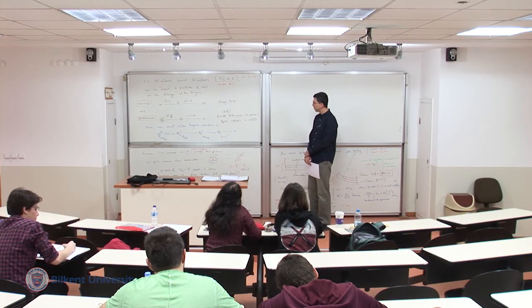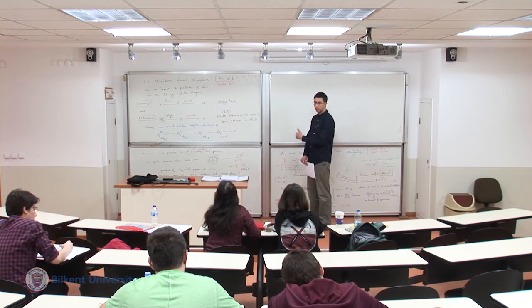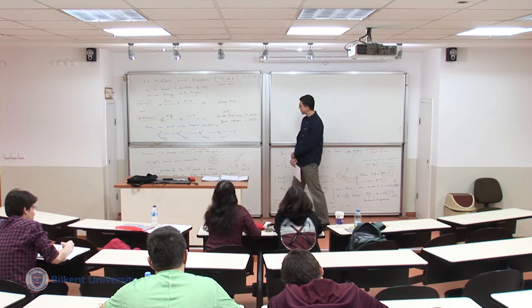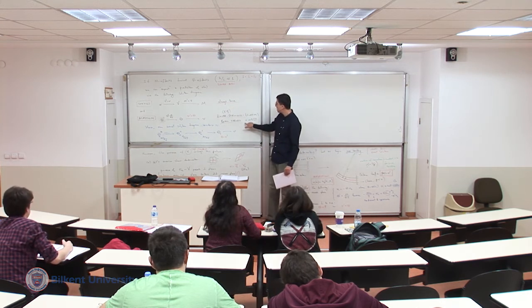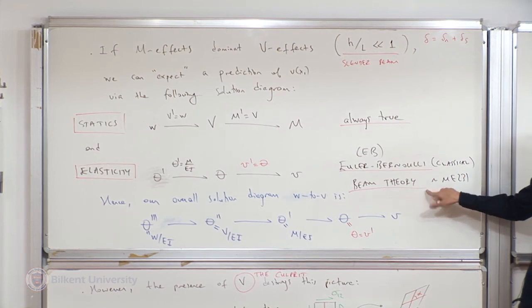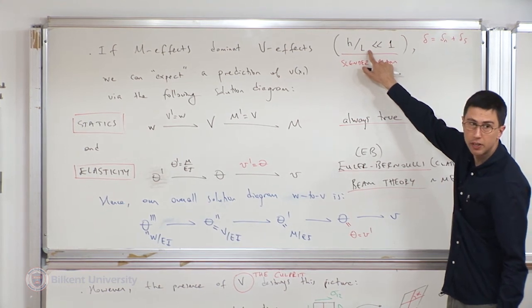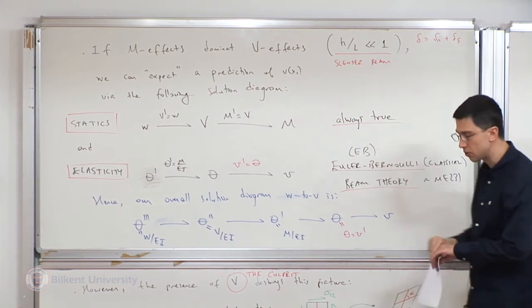Okay, so now we are going to try to take a step further. Further meaning I'm going to try to go beyond the limitations of this basic beam theory, the classical beam theory. It makes the assumption that this is satisfied. Suppose it is not satisfied.